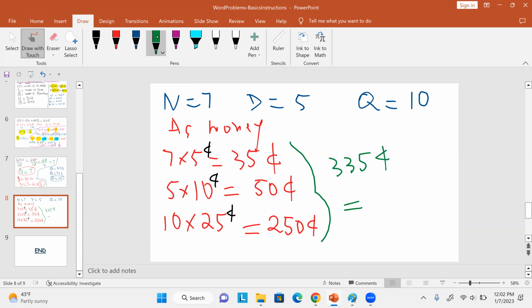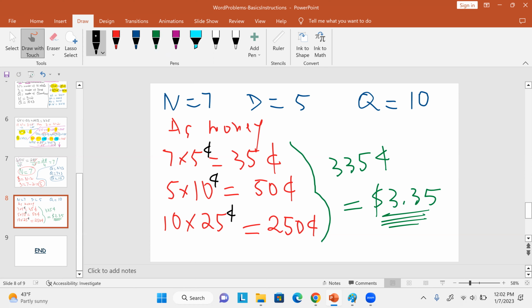Which is the same as $3.35. And the problem is solved. So we have 7 nickels, 5 dimes, and 10 quarters.